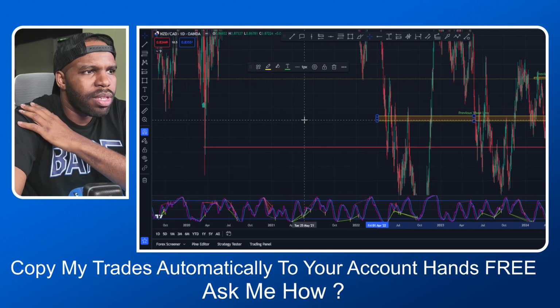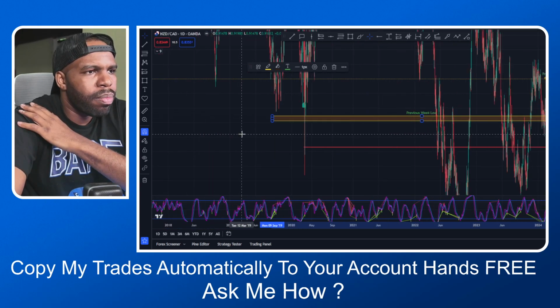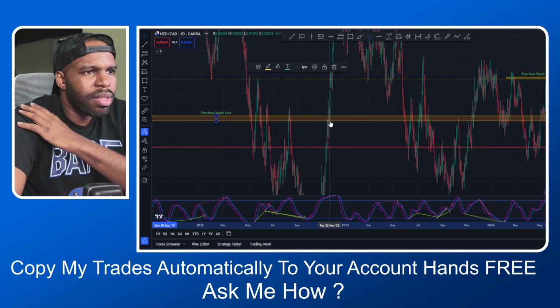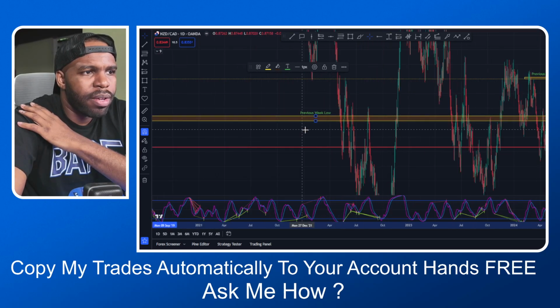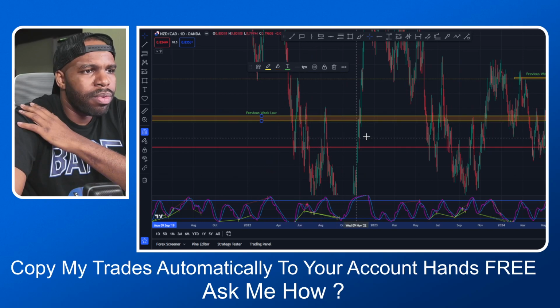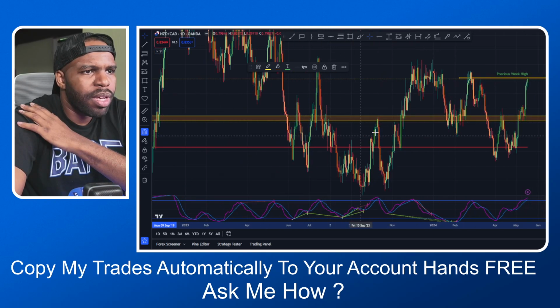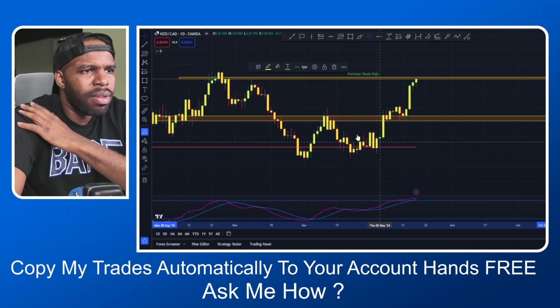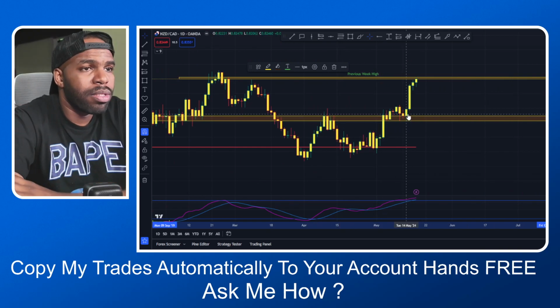And as you can see, as I'm going, price is rejecting. This zone right here is creating support and resistance. Okay, so rejection, rejection, resistance here, support. Now it's creating support here.